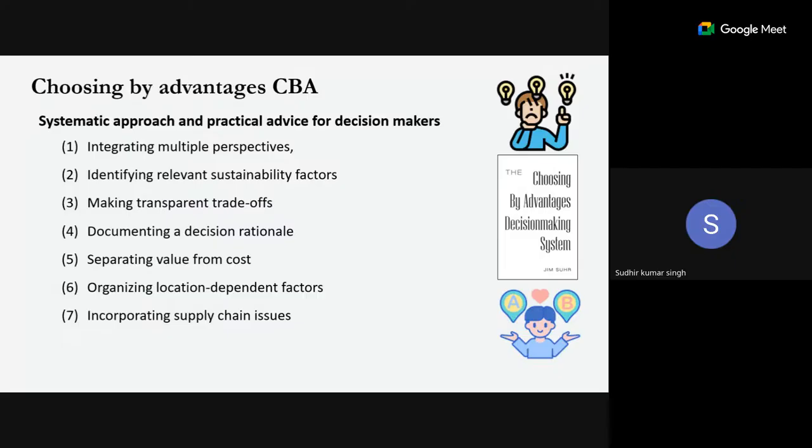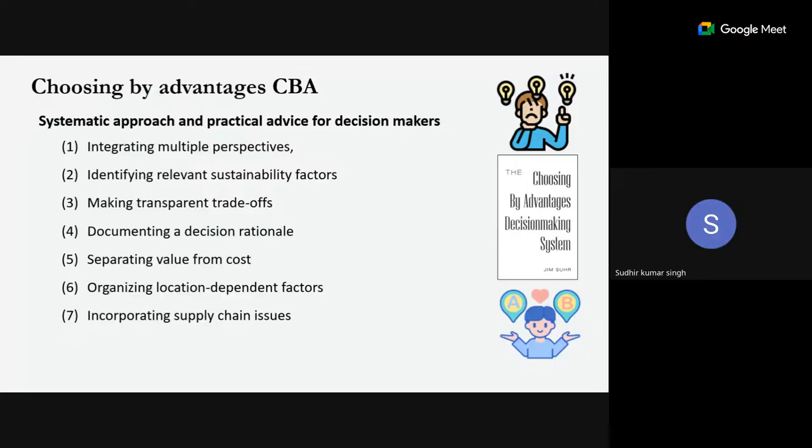Those who are following lean philosophy probably will be aware of this or may have heard this particular term. It's called choosing by advantages, or CBA, which helps you move from confusion to decision. You are happy that you have done it. It is a systematic approach and practical advice for decision makers.